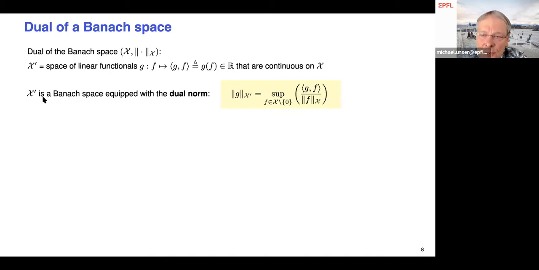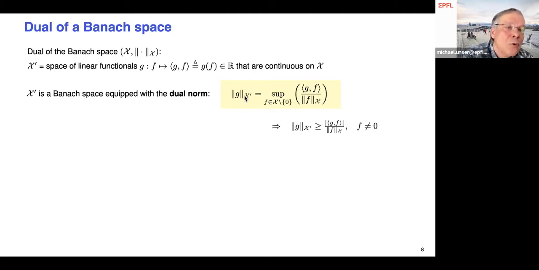And so X prime, the dual, is also a Banach space if you equip it with the so-called dual norm, which has this definition. It's just the supremum over all possible inner products, or duality products, normalized by the norm of f, and you're looking for the supremum over all f.